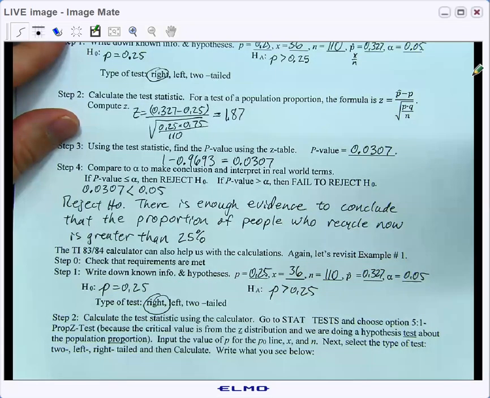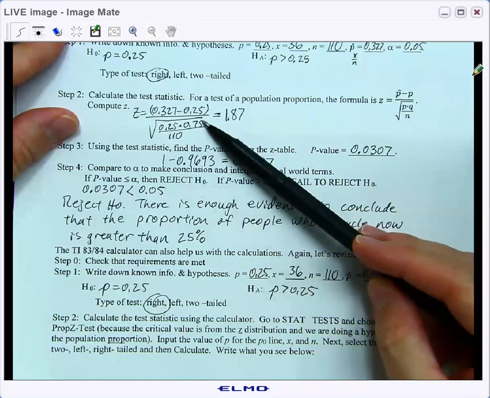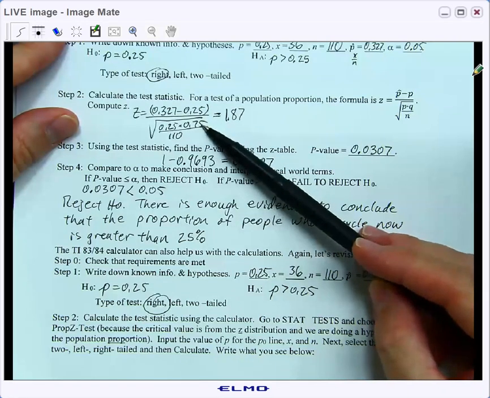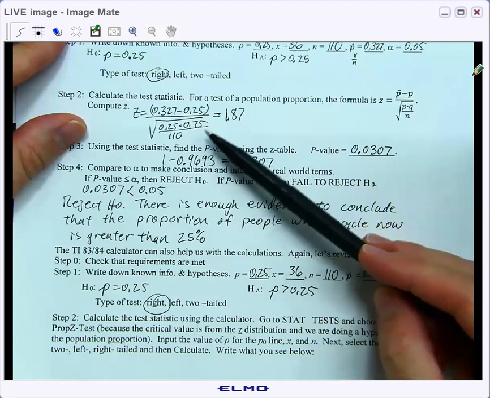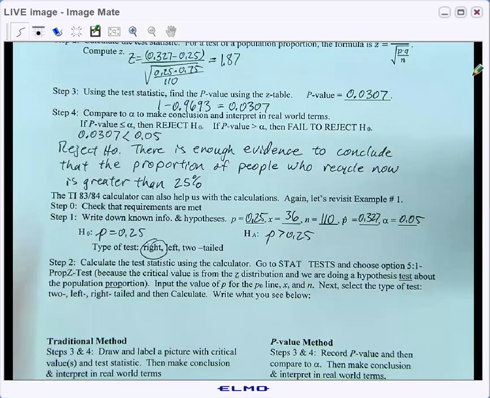And it's going to be a right-tailed test. But if we have our TI-83/84 calculator, we can get this test statistic without having to worry about all the parentheses and anything that might go wrong there, if we are careful.